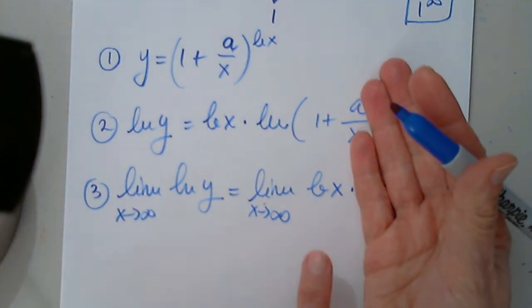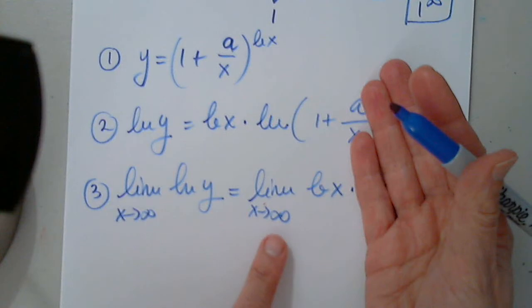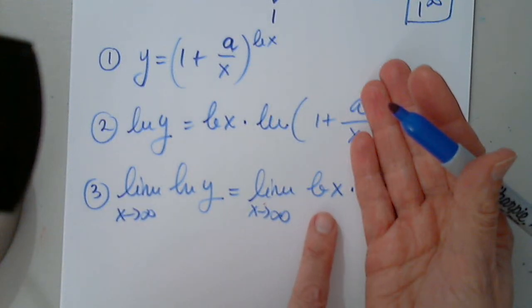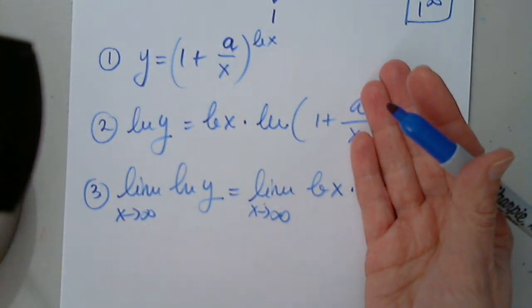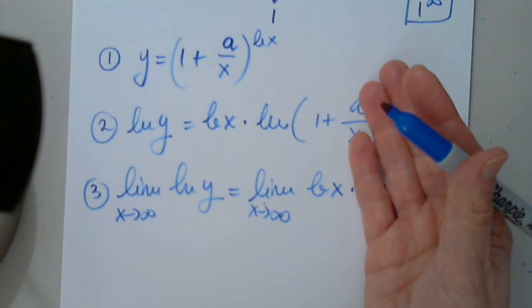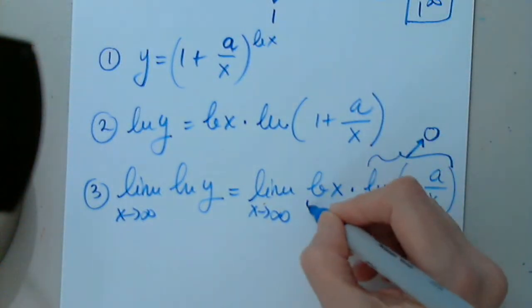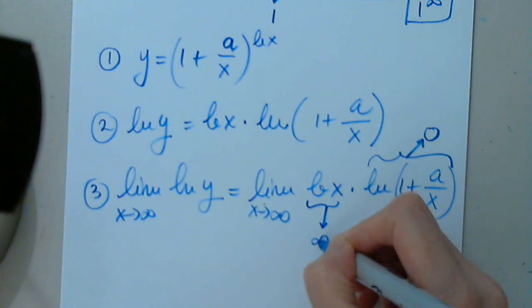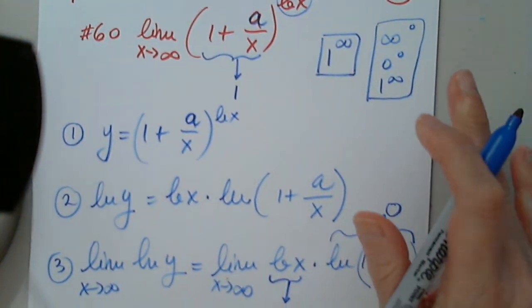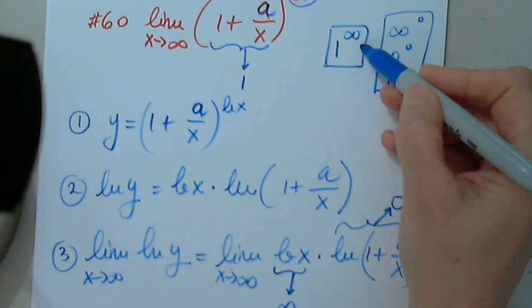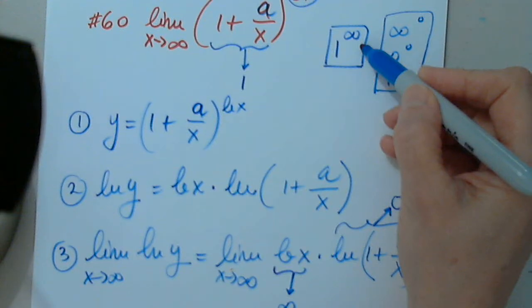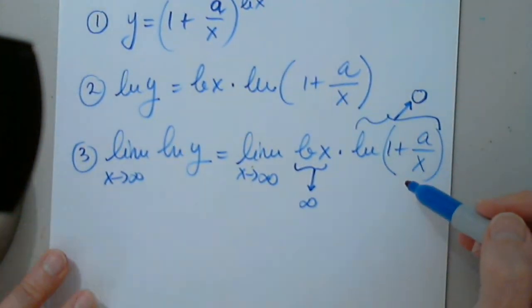Now let's analyze this piece. When x approaches infinity, where is this piece going? Infinity. Yes. So this is huge progress from a power indeterminate case to a product.